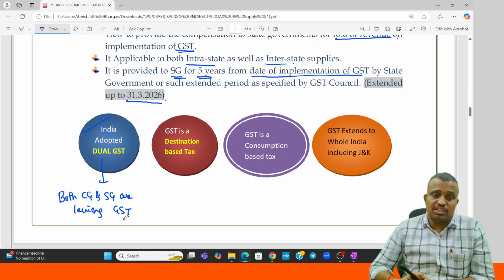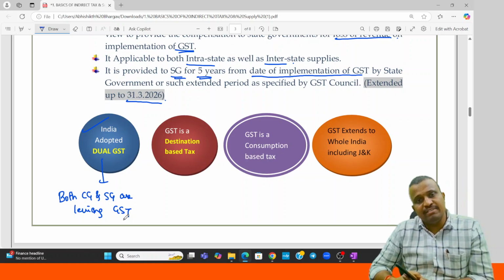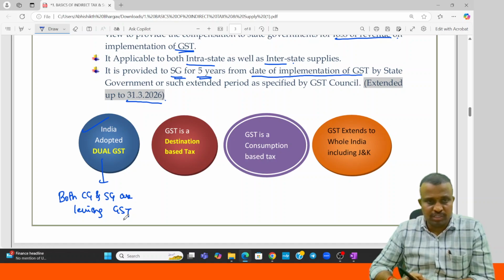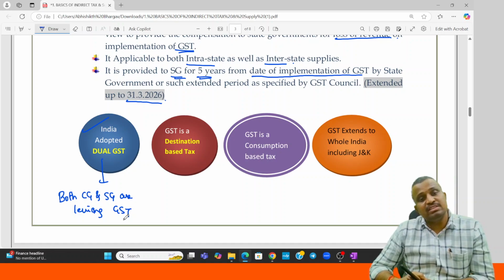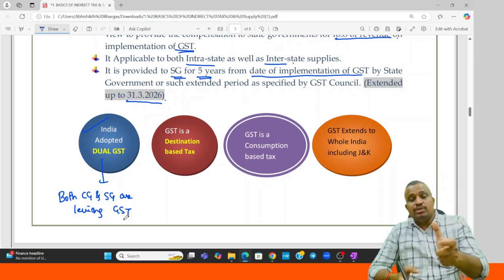Before the introduction of the GST, every government had its own power to levy taxes as per the constitution. Later, when the GST was introduced, India adopted dual GST.